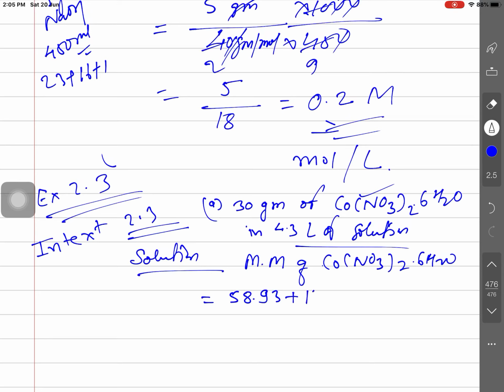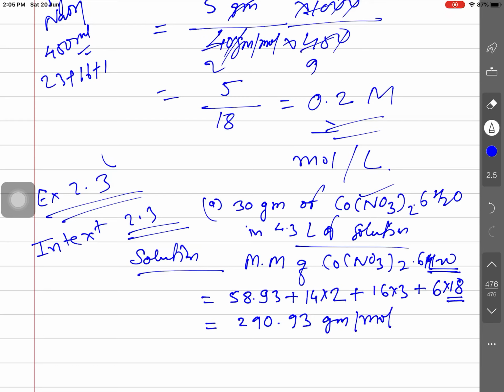58.93 plus 14 into 2 plus 16 into 3 plus 6 into 18. The molecular mass of water is 18, so we write 18 into 6. Solving this, the value is 290.93 gram per mole.